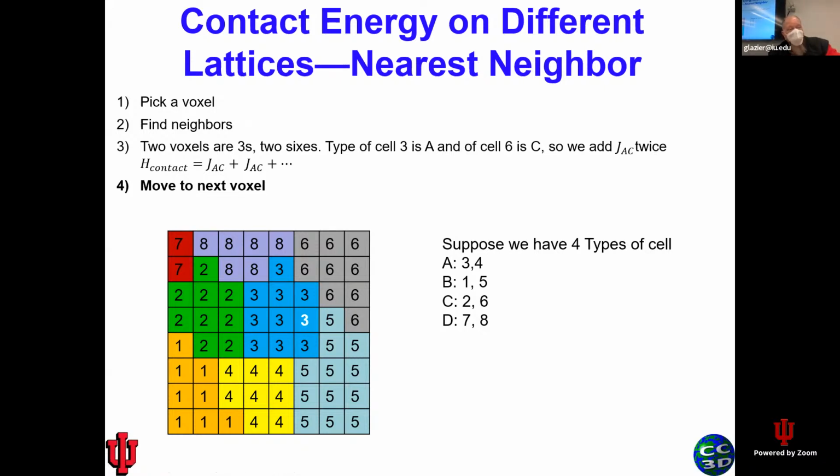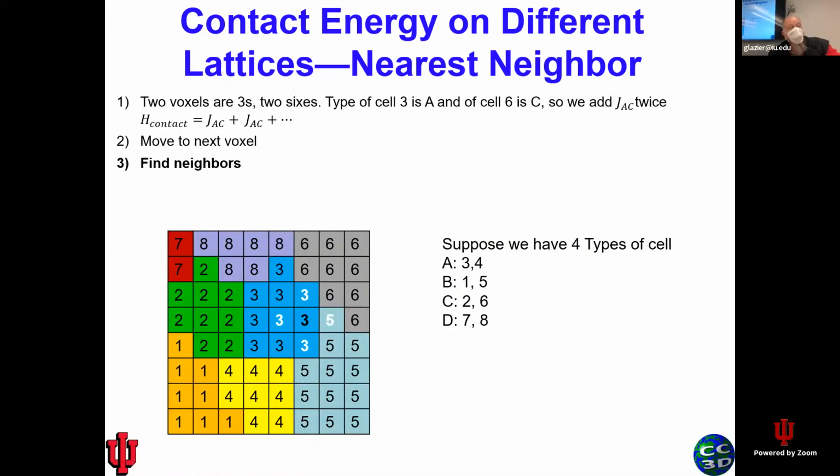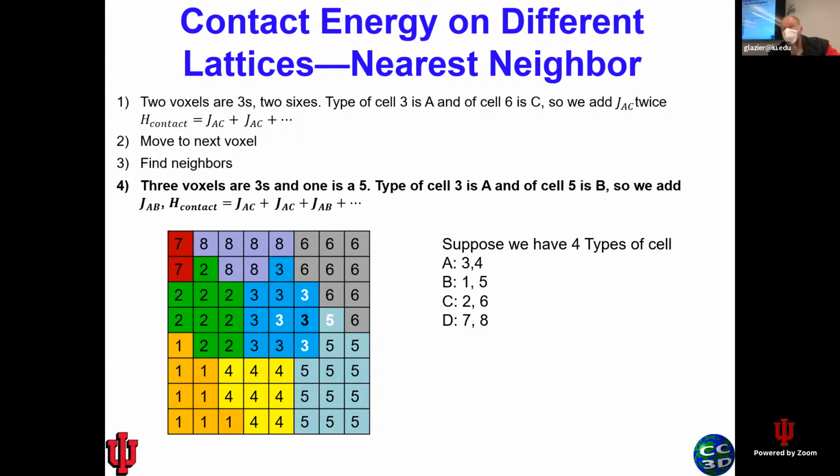Pedro? 1. The only nearest neighbor that I have that's a mismatch is the 5. And it's of type B. And so that gives me a JAB. Okay? You can see why you wouldn't want to do this by hand.